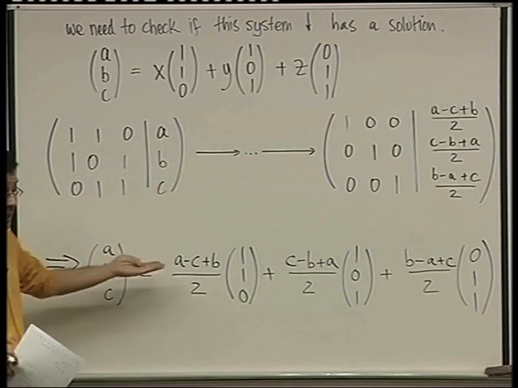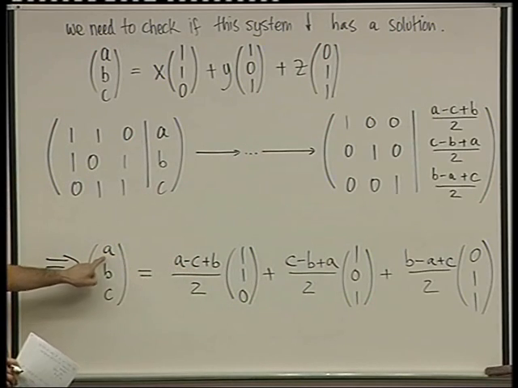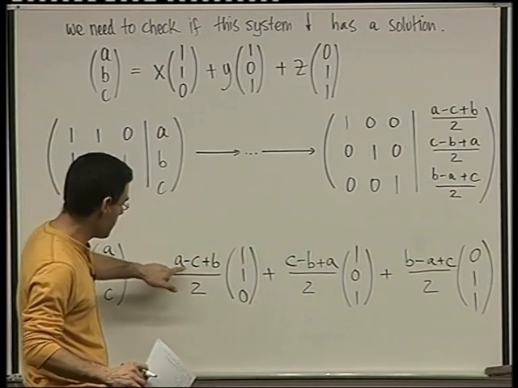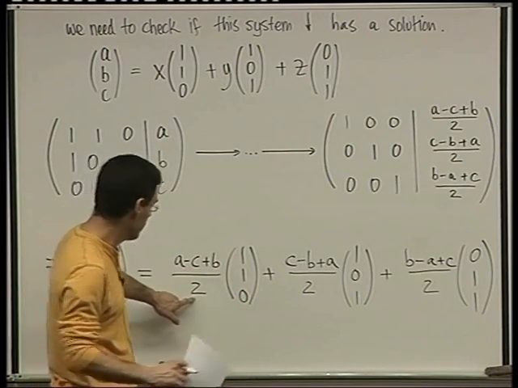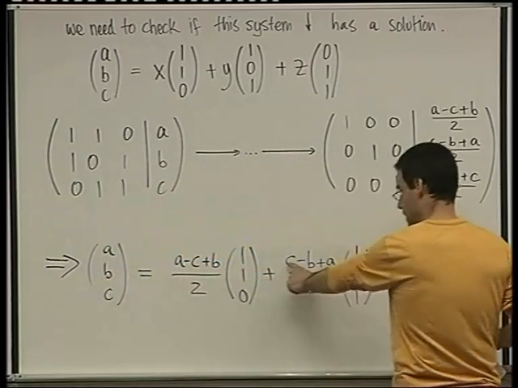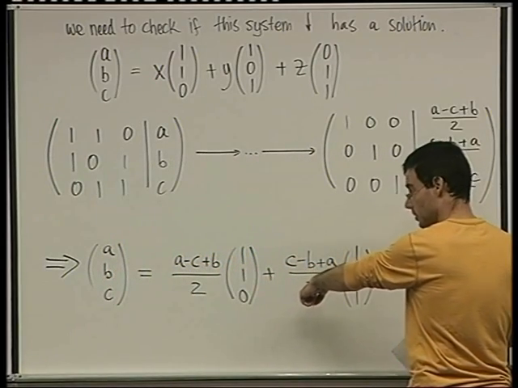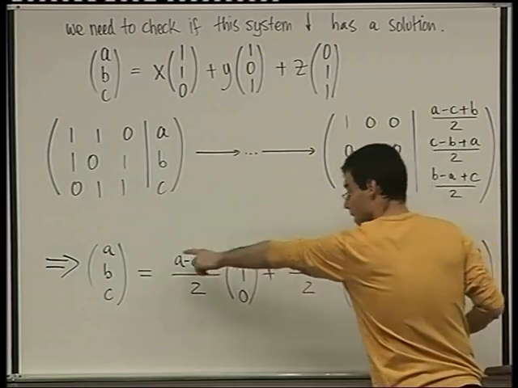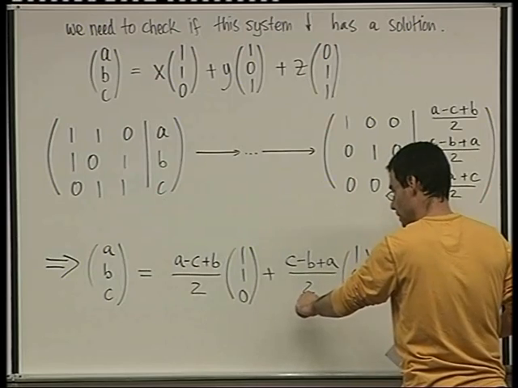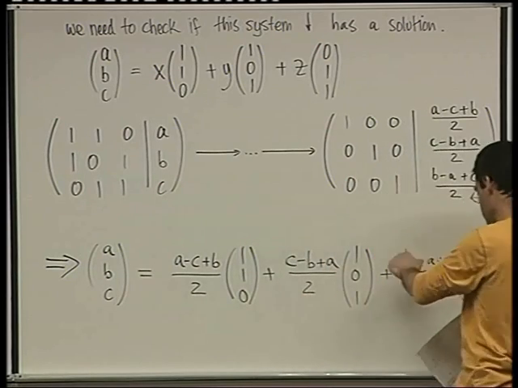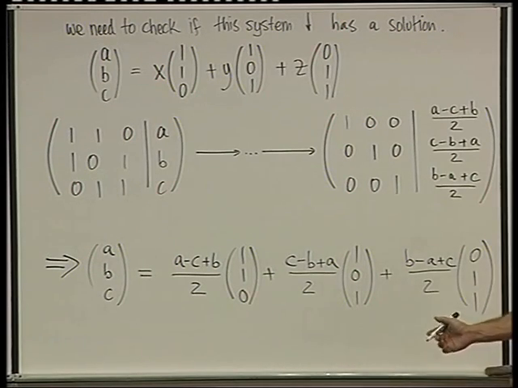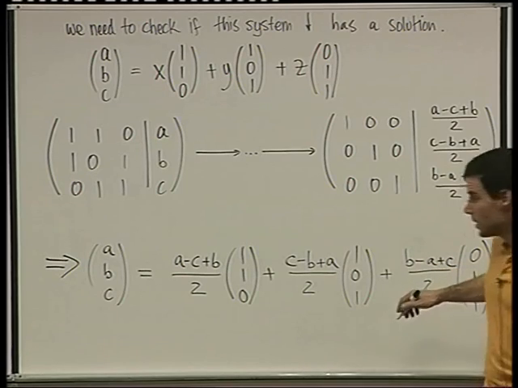Check the calculation. That's easy to do. Okay, so is a equal to what we get in the first coordinate? So we have (a minus c plus b) divided by 2. So there's a minus c divided by 2 plus c divided by 2. Cancel. Plus b divided by 2 minus b divided by 2. Cancel. And a divided by 2 plus a divided by 2. So it's a, and this one contributes nothing in the first coordinate. So do you see that the first entry is indeed a on both sides? And likewise, you can check for the other entries. Good?